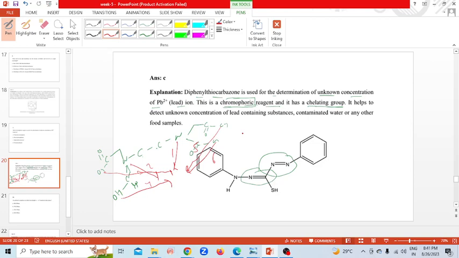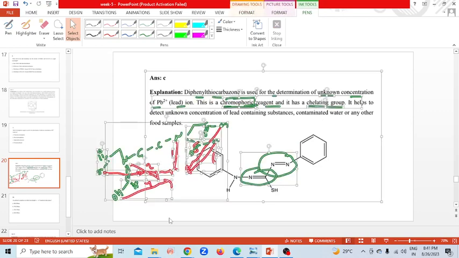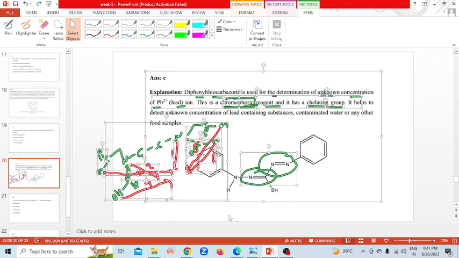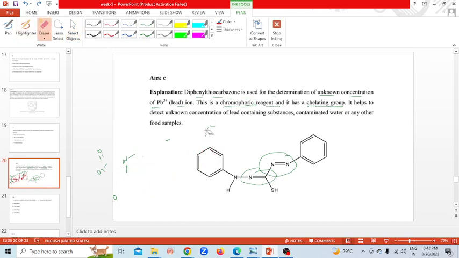Similarly here, this diphenyl dithiocarbonyl also has donor atoms like nitrogen here.